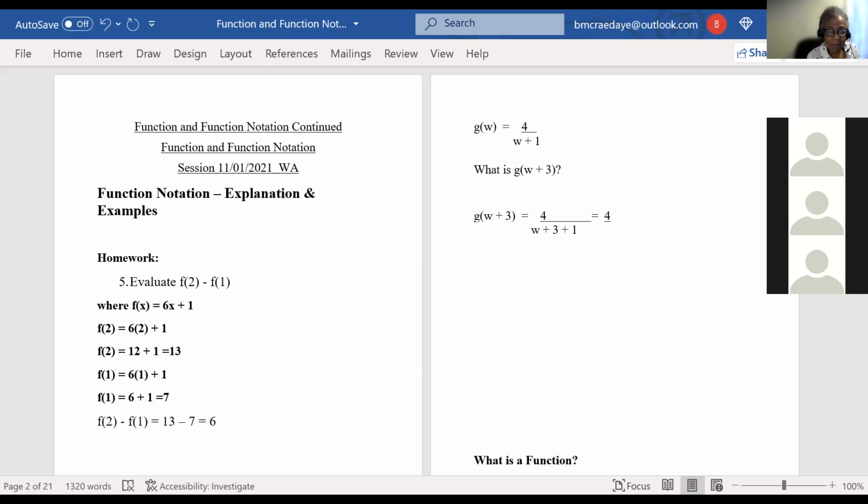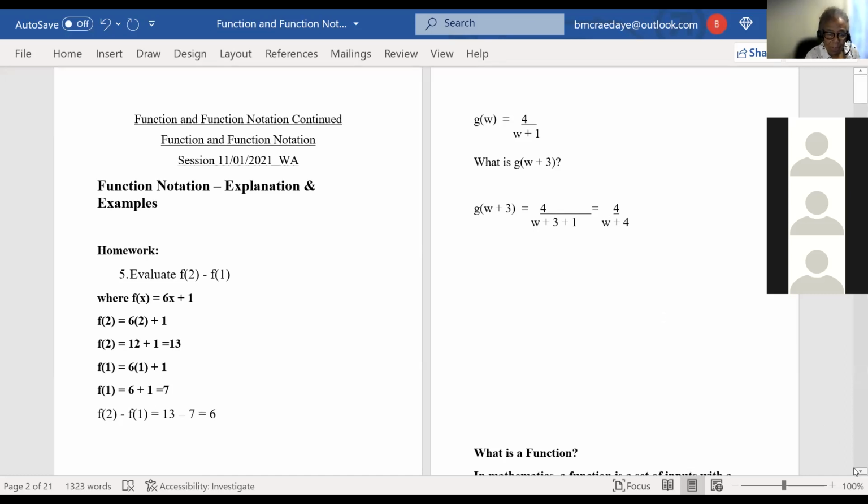Just add it. So it would be 4 over W plus 4. Right. That would be your answer. And then combine the constants 3 and 1. W plus the sum of 3 and 1 is W plus 4. That's your answer. Got it?